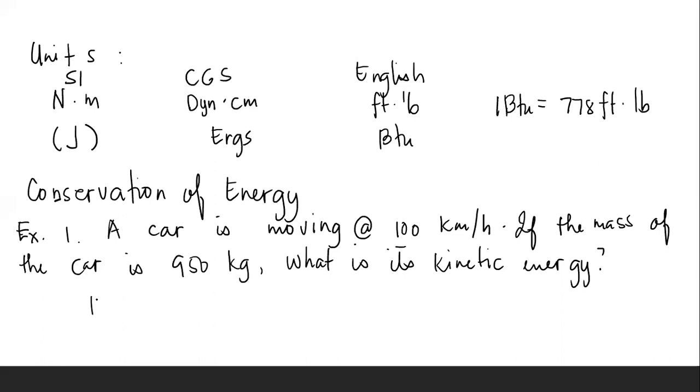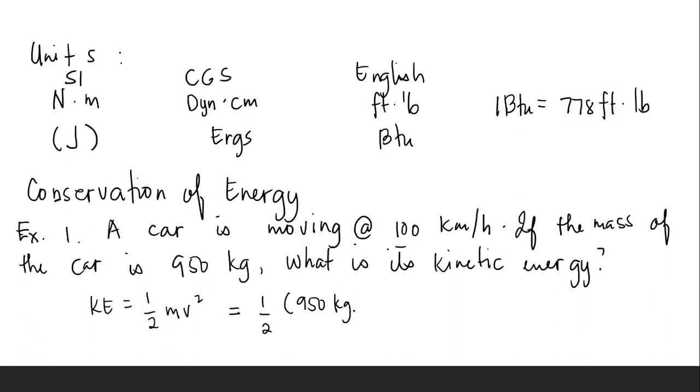Now we have the formula, kinetic energy is equal to 1/2 mv squared. We have 1/2, the mass is 950 kilograms, and the given velocity is 100 kilometers per hour.